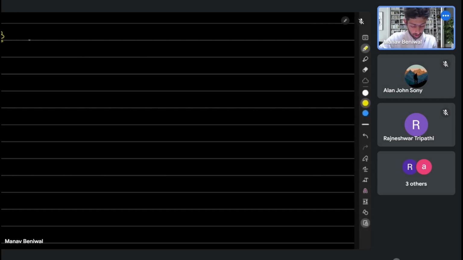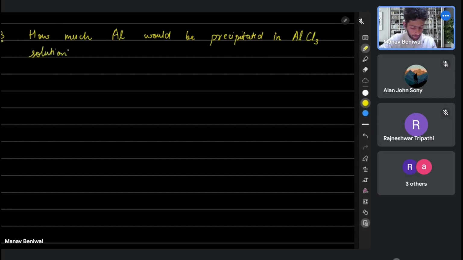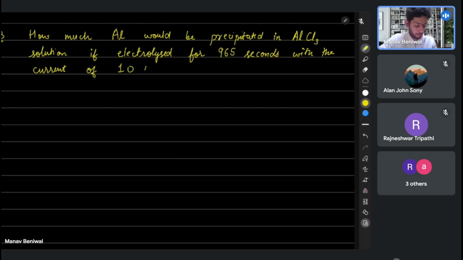So the question is, how much aluminium, which is Al, would be precipitated in AlCl3 solution if electrolyzed for 965 seconds with a current of 10 amperes.